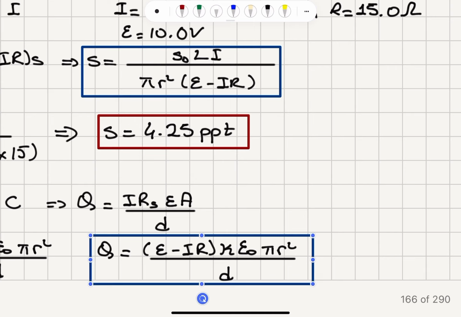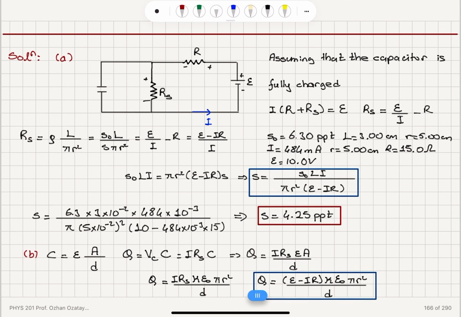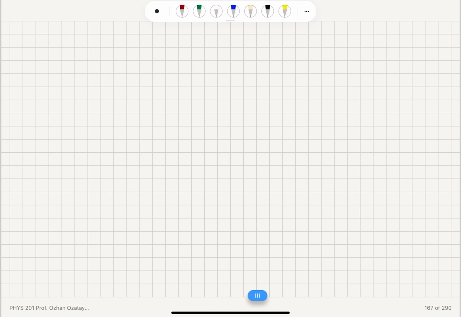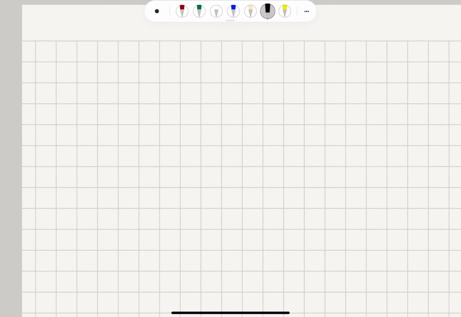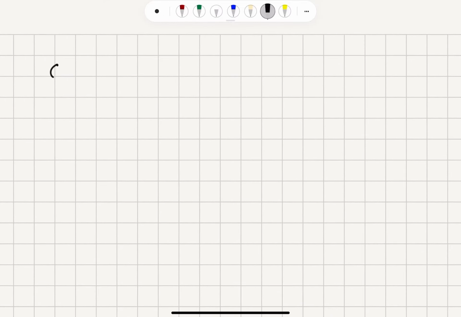Now I can substitute the numbers. Q is equal to epsilon minus IR.